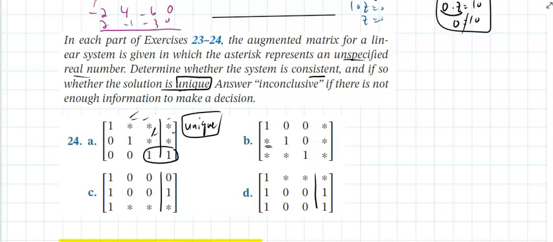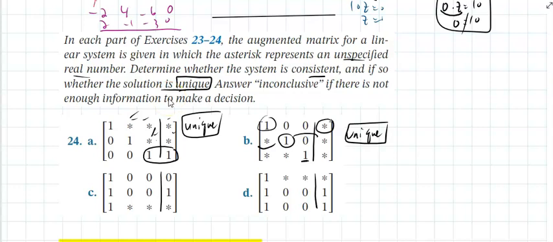I misspoke. Okay, let's go this way. x1 is whatever that value is, right? So it could be 0, it could be 5. Once I know what x1 is, I could figure out x2, right? Plug it in and figure out whatever that number is. And once I know those two, I could figure out x3. That would be a unique solution. Here we're just doing things backwards.